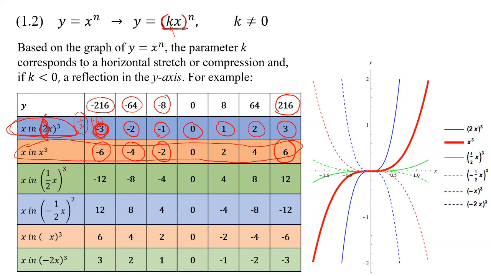So the conclusion is, based on the graph of y equals x raised to the power of n, the parameter k corresponds to a horizontal stretch or compression. Whether it is a stretch or compression depends on the value of k.